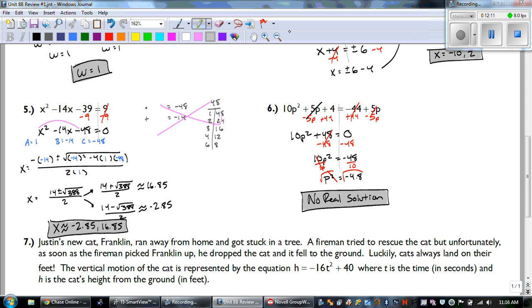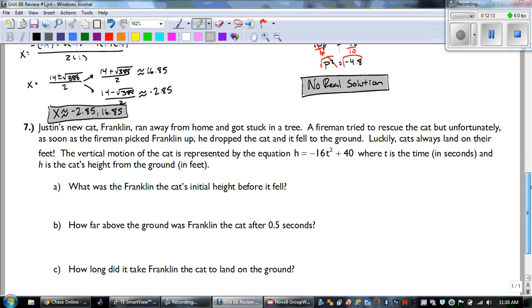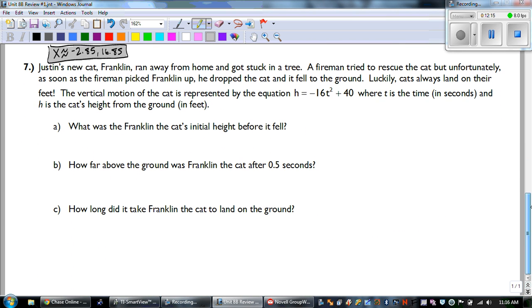All right, on to the word problems. Justin's new cat Franklin ran away from home and got stuck in a tree. A fireman tried to rescue the cat, but unfortunately, as soon as the fireman picked Franklin up, he dropped the cat and it fell to the ground. Luckily, cats always land on their feet.